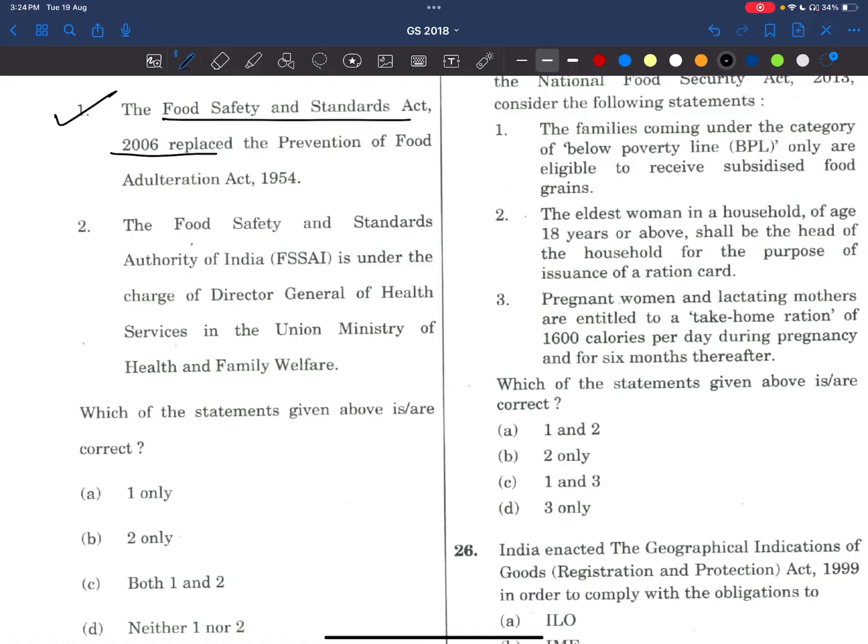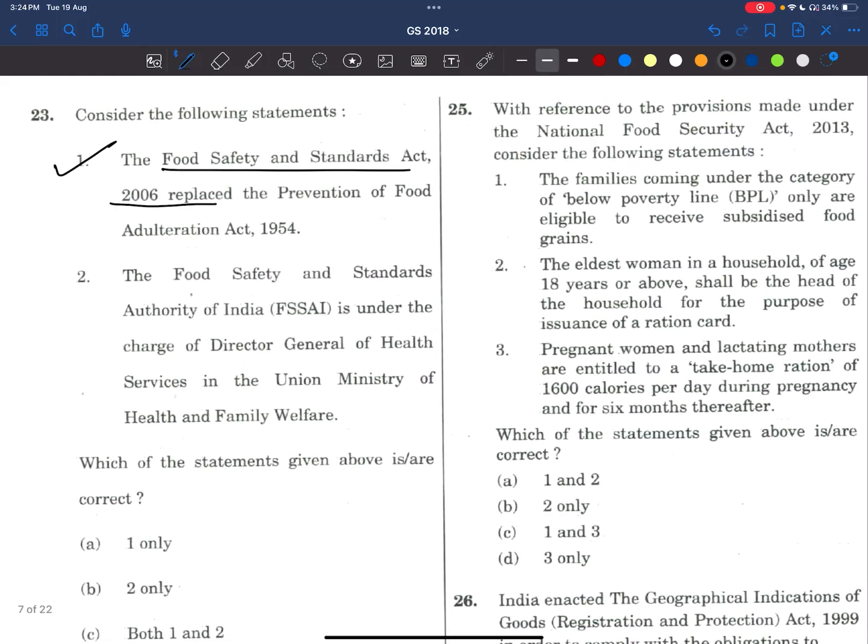There is one act, Fruits Product Order 1955 and Meat Food Products Order 1973, Vegetable Oil Products 1947, okay, Edible Oils Packaging Order 1988, okay, Milk and Milk Products 1992. Okay, please try to just know these things. Just simply remember that this act is a consolidation of many other acts. That's it.